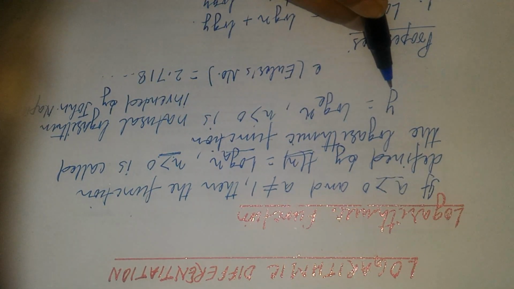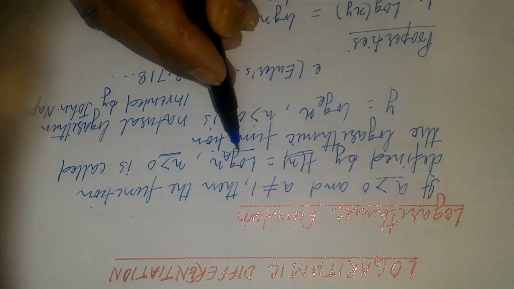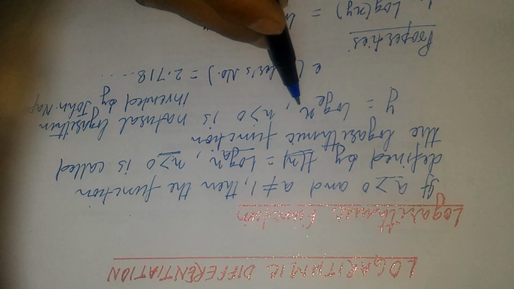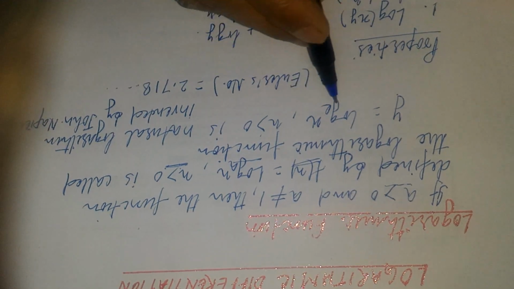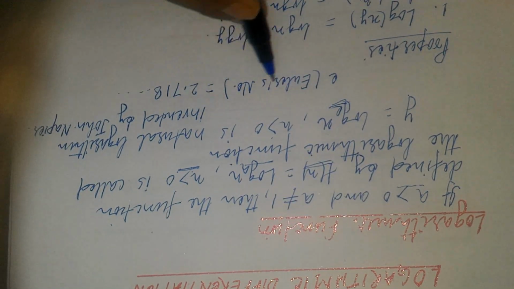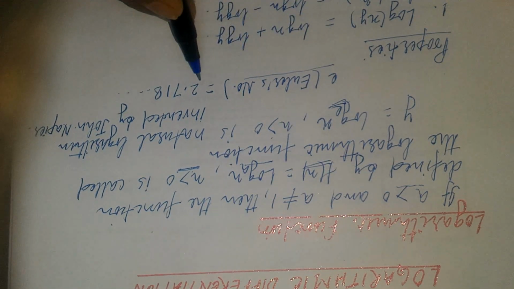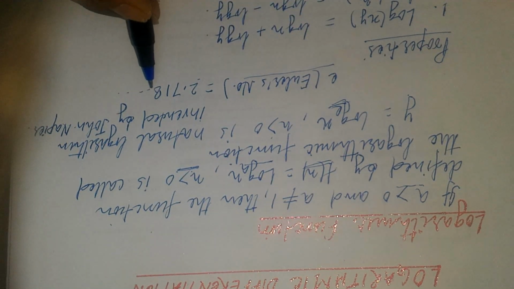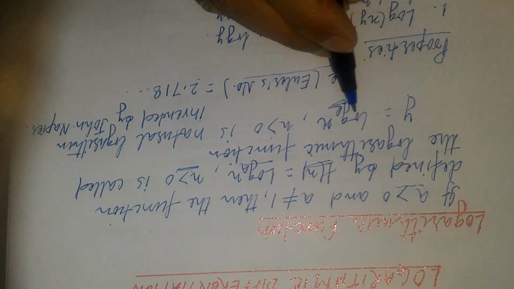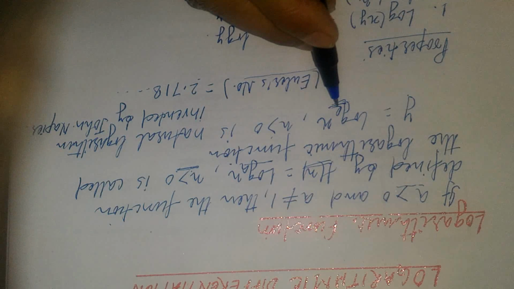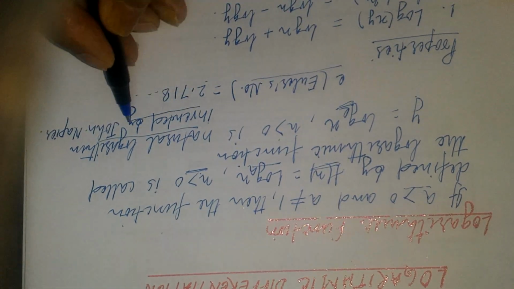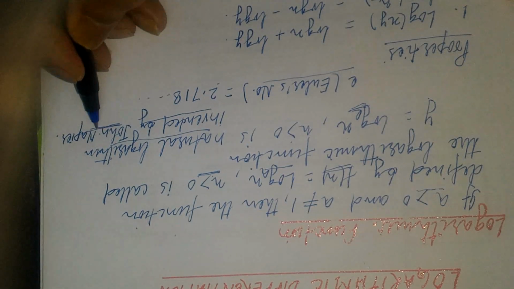Secondly, there are two types of logarithm. Mainly we are using the natural logarithm with base e. What is e? e is Euler's number, whose value is 2.718 dot dot dot, and y is equal to log of x to the base e is known as the natural logarithm, which was invented by John Napier.